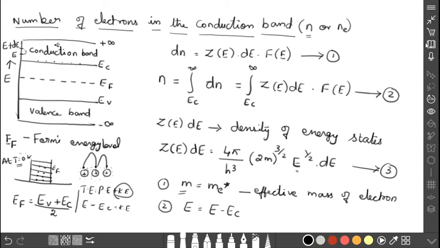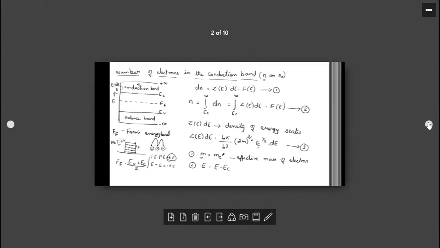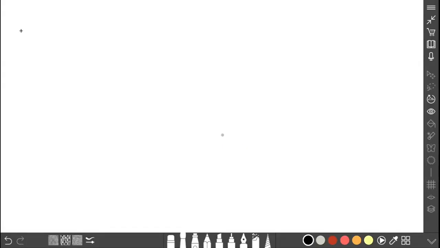So let us go to the substitution part. The second equation becomes N is equal to the integration, lower limit EC, upper limit infinity.